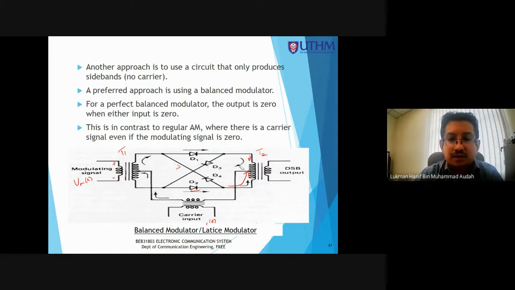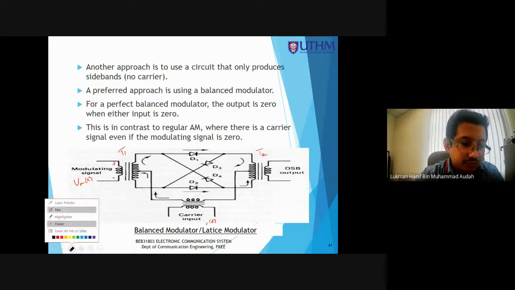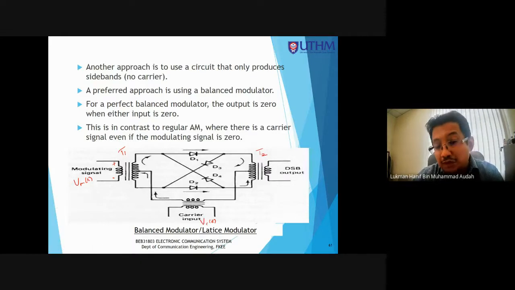Ini saya padam, saya nak tunjukkan perubahan polarity carrier. Apabila polarity carrier berubah, contoh plus minus di sini, maknanya current will flow like this.